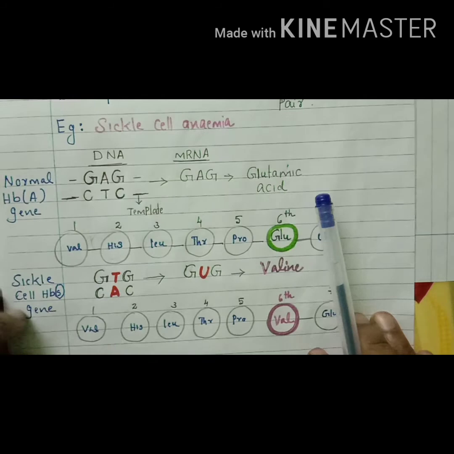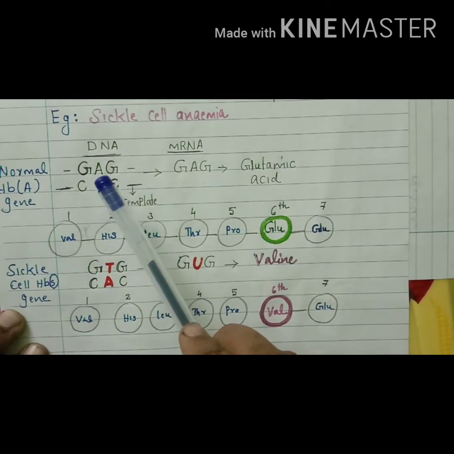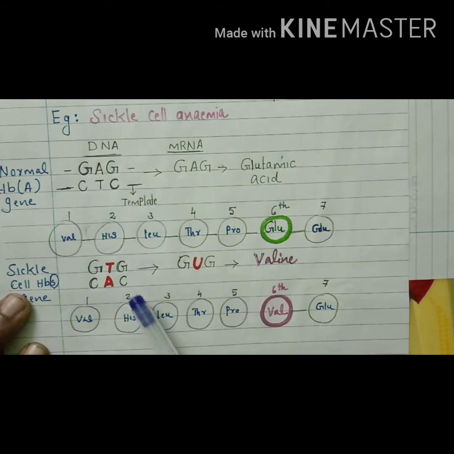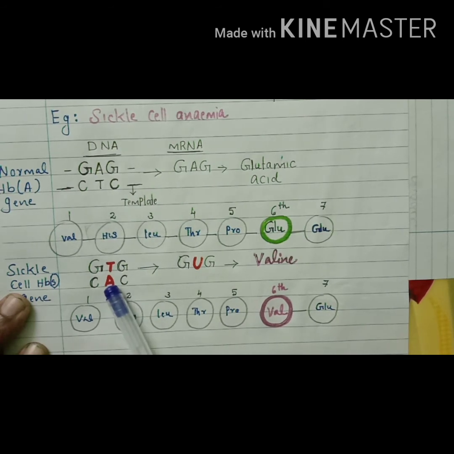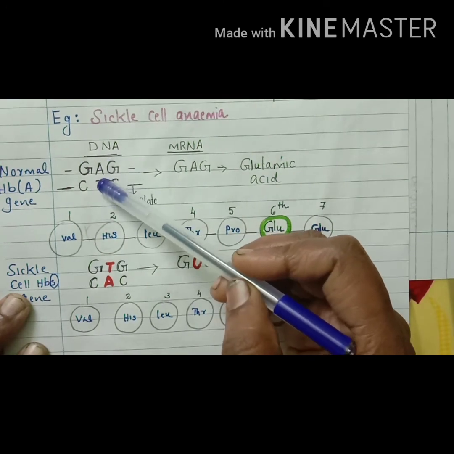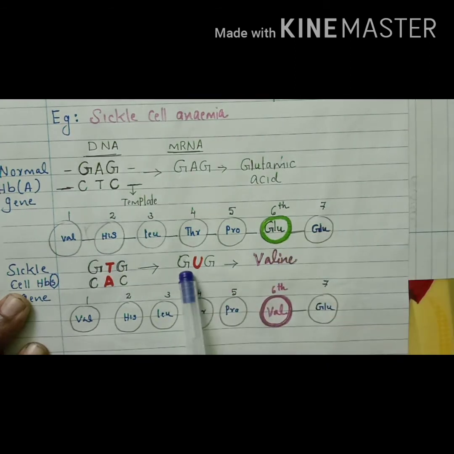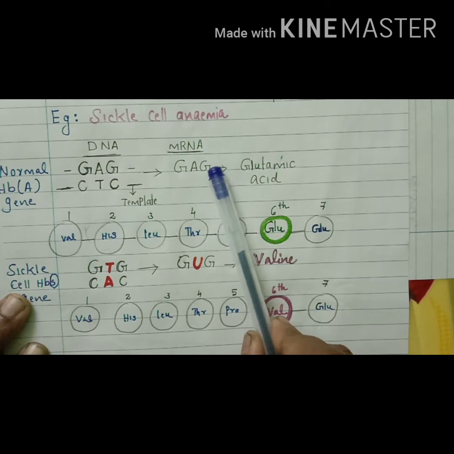When we observe a sickle cell anemic person's DNA, in the place of adenine we can see thymine. When adenine is replaced by thymine, on the opposite side we can see adenine. So we can see the change in these two nitrogen bases. As a result, the mRNA formed is GUG instead of GAG.